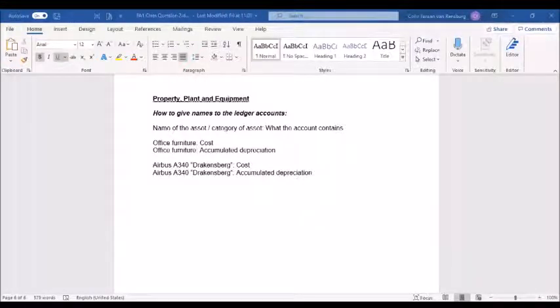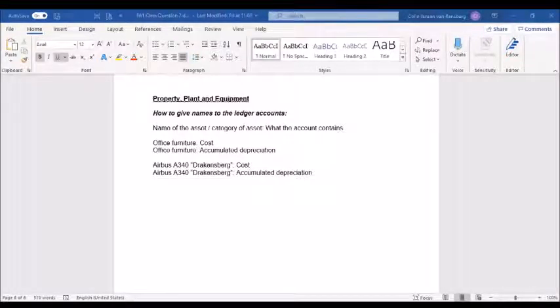So we are only going to disclose on the face of the statement of financial position under non-current assets, the aggregate, the total carrying amount of all our property, plant and equipment, right? So there we are not going to disclose cost. There we are not going to disclose accumulated depreciation or anything else. It'll just be the balance, the carrying amount of the aggregate, in other words, all the categories of property, plant and equipment.